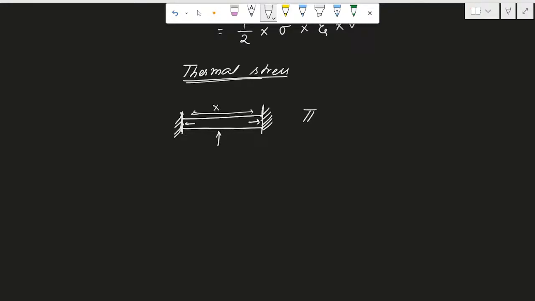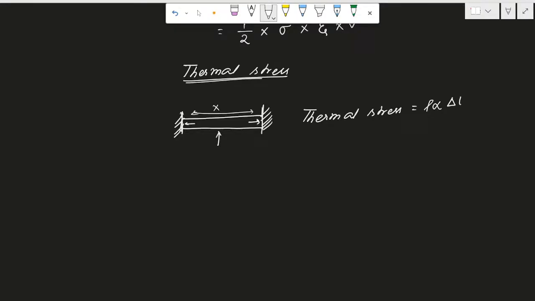This thermal stress is denoted by this. If I consider this length as L, then L alpha delta theta, where alpha is the coefficient of thermal expansion.